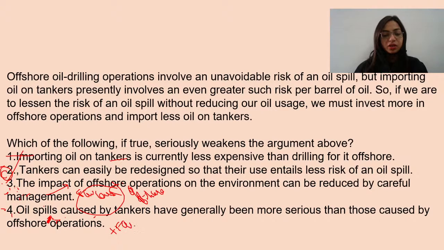So this is in favor of offshore operations. Since this is the case, this is also not right. So I'm only left with two, and two is very well countering by saying that we can redesign the tanker and then boom, importing by tanker will be the best option. So my answer is two.